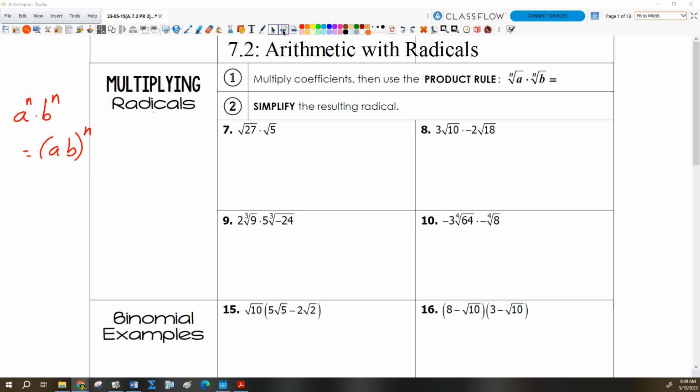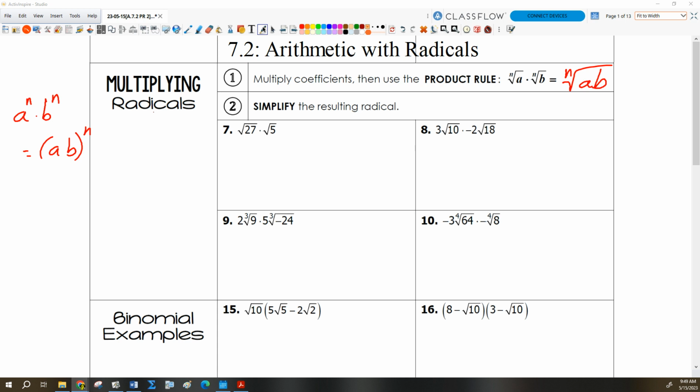It looks to me like I've got two inside numbers there that are being multiplied. So the nth root of a times b, right? Okay, easy. That's all we do. If we have like radicals, we just multiply the inside numbers together.